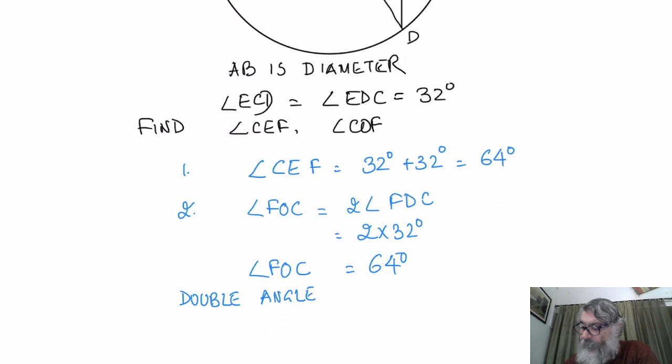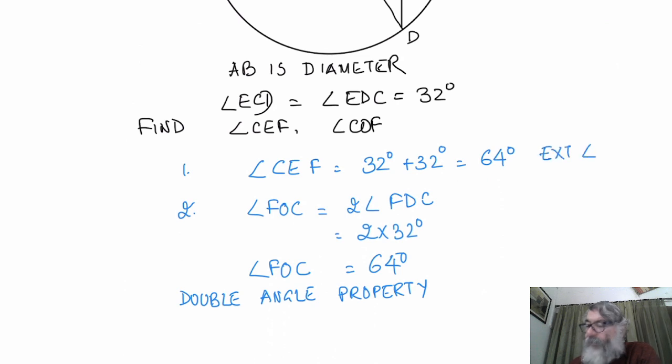My writing pad is not that big, but you must write reasons on the right. Suppose you have calculated FOC as 64, then this double angle property should come in the same line on the right side. Like I have written CEF is equal to 32 plus 32 is equal to 64, I should write exterior angle property.